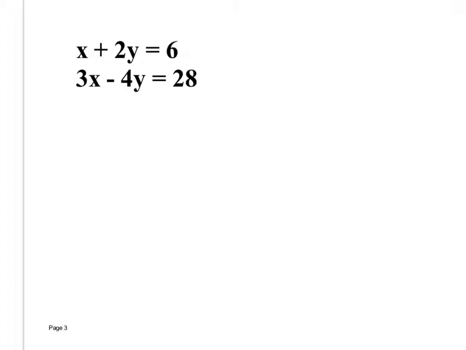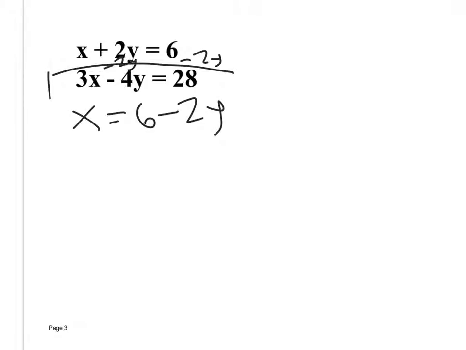Now, however, I would choose to solve for x on the first one because it's the easiest one to solve. And so what I do is I subtract 2y to both sides, and I rewrite it as x is equal to 6 minus 2y. And those are the two equations I'm going to work with.